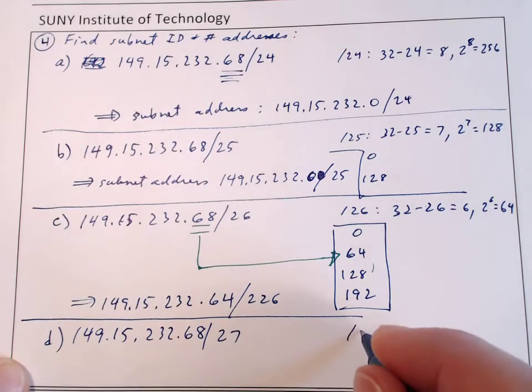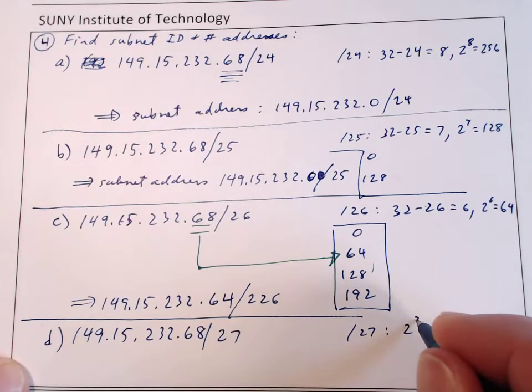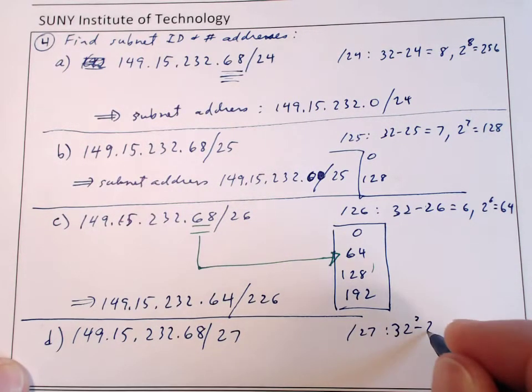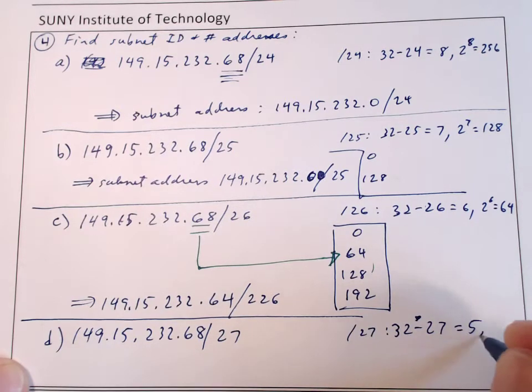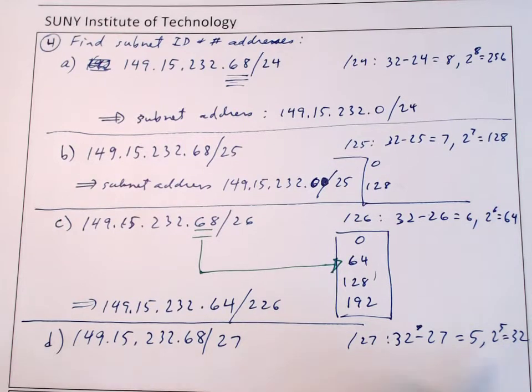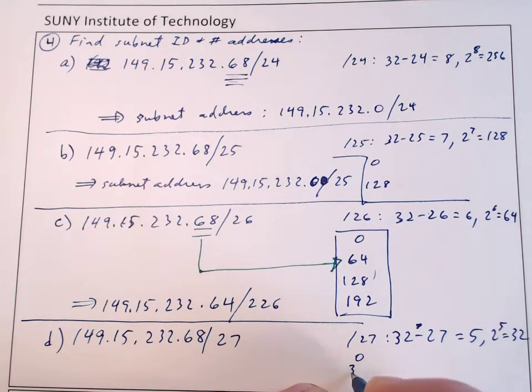Okay. Finally, for part D, we've got 149.15.232.68/27 with the /27. 32 minus 27 is 5. 2 to the 5th is 32. And we're looking at multiples of 32: 0, 32, 64, 96, 128, 160, 192, 224, and 256.